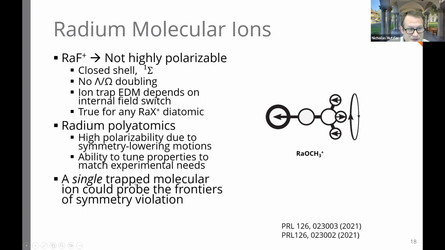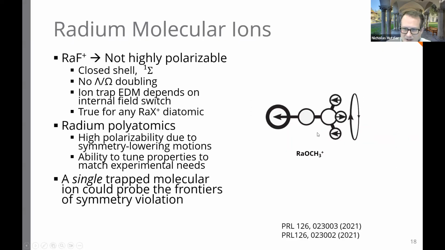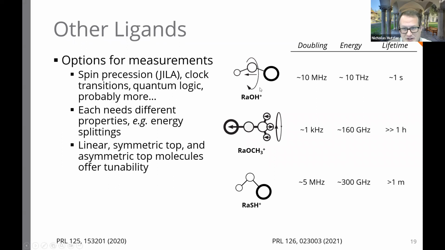Because radium is so sensitive and because molecular enhancements are so large, even if you could work with one of these molecules at a time, you could reach and go beyond the frontiers of nuclear symmetry violation. And not just this one molecule, you can choose different ligands to tune to your experiment, depending on what type of experiment you want to do.